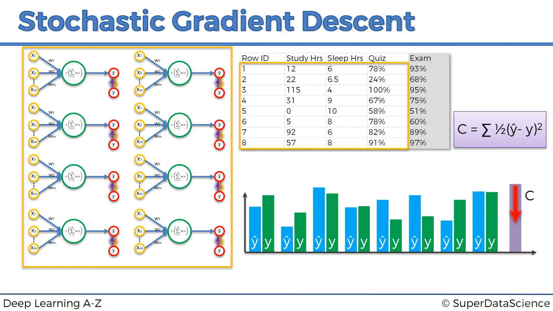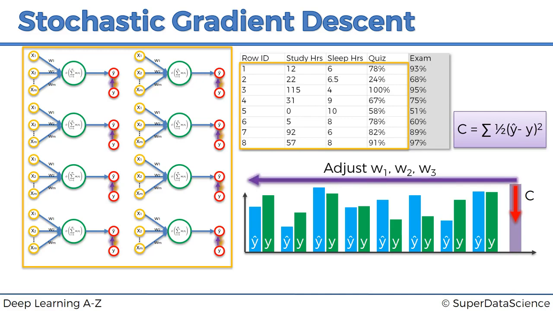This is just for visualization purposes. And then once we've plugged them in, we've calculated our cost function based on the formula on the right and looking at the chart at the bottom. And then we adjust the weights. And this is called the gradient descent method, or the proper term is the batch gradient descent method. So we take the whole batch from our sample, we apply it, and then we run that.